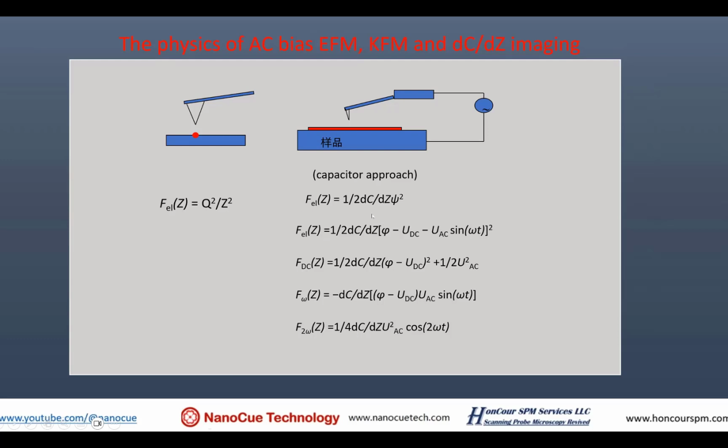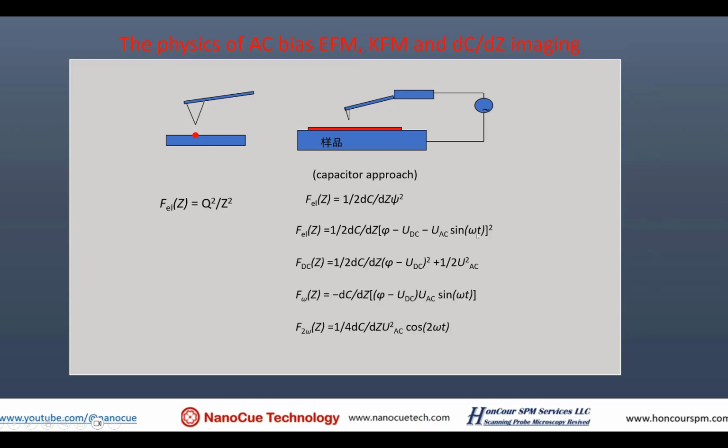But when we do a little math and put time in it, because your AC bias has a time factor, here omega t is a time factor, it's a sine wave, then this is the formula. Here you have the sample's potential, which is phi, and then the difference between sample potential and tip potential, which is UDC, the DC component of the bias, and UAC, the AC component of the bias.